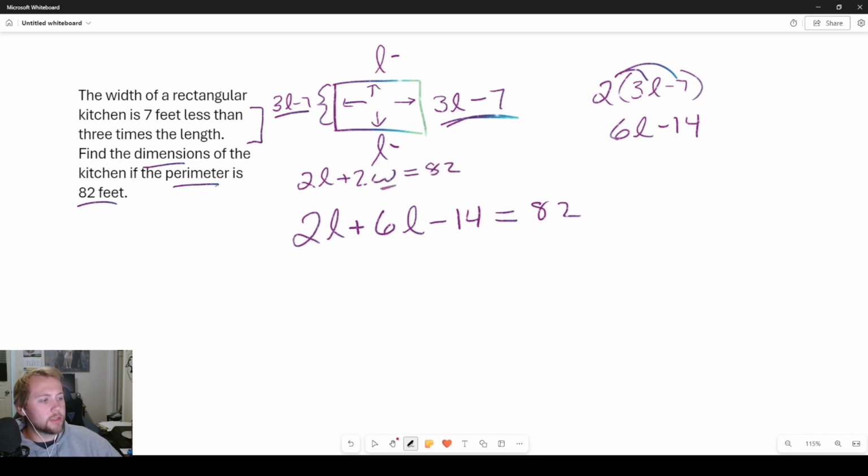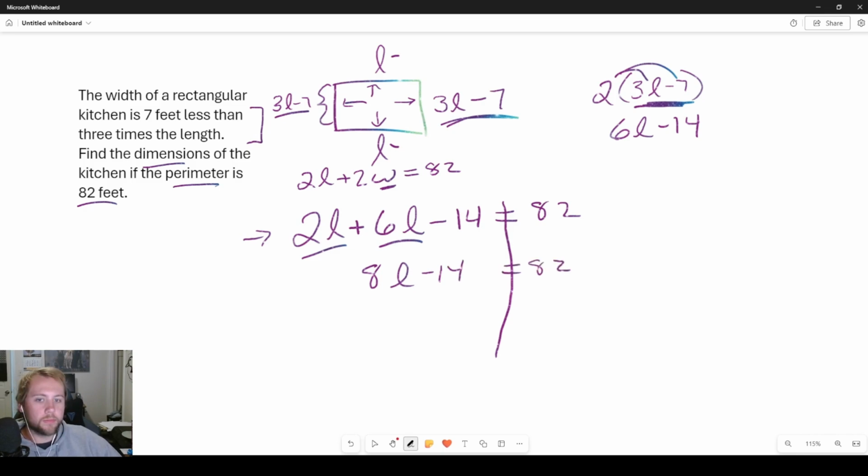82. So what we really did there is 2 times the length plus 2 times the width equals 82. And we just replaced this width with this expression, and we distributed, and now we're solving this new equation right here. So let's go ahead and solve it with our skills. Well, I have 2L and 6L. 2L plus 6L, that's 8L, minus 14 equals 82.